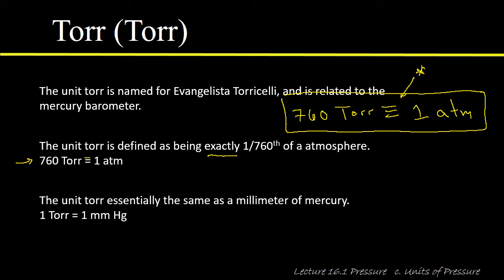The difference between them turns out to be something like 1/10,000th of a percent. So they're close enough that for our practical purposes we can consider this a perfect relationship. And anytime you're converting from torr to millimeters of mercury, you can simply say 1 torr is equal to 1 millimeter of mercury, and that's so precise that we can consider it to be perfectly precise.